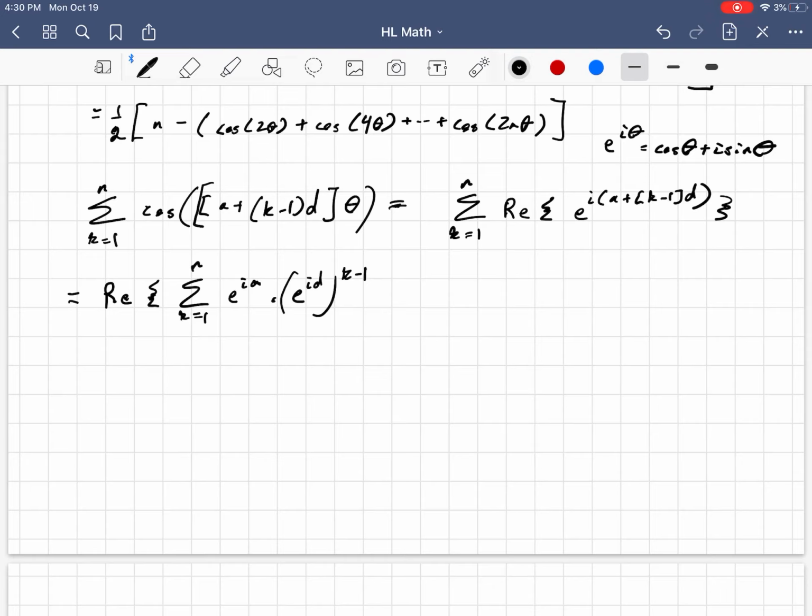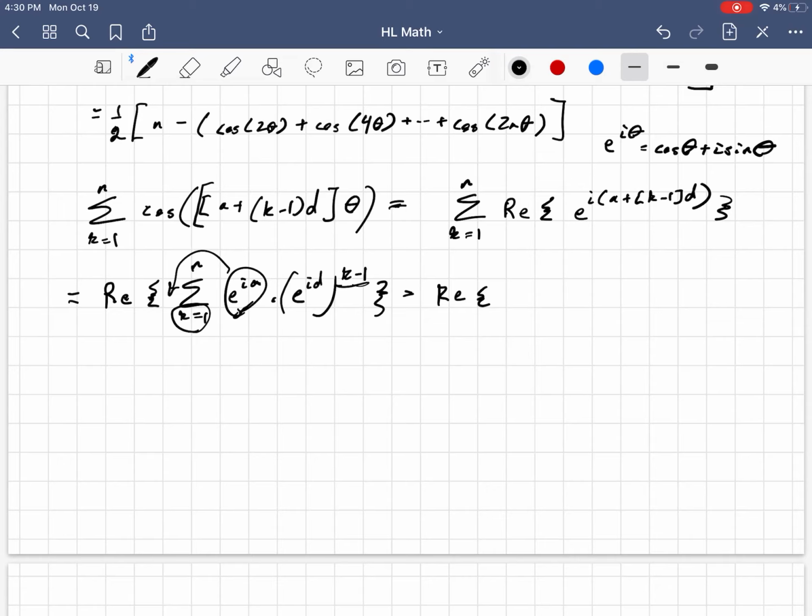Okay, so I just split up using basic exponent rules here. Now this is the real part of, and now I can actually pull this e to the ia out front of the sum, but still within the real part, because e to the ia does have an imaginary part, and so I can't pull it totally outside, but I can pull it outside of the sum, because the sum is only concerning k, right?